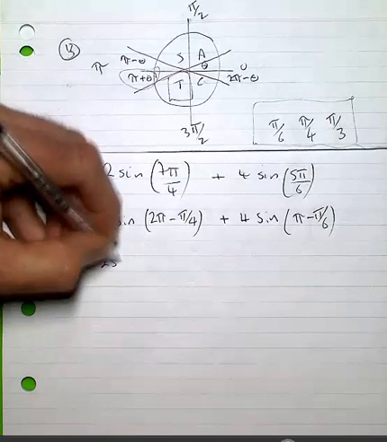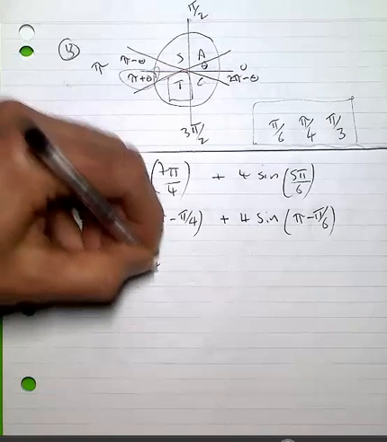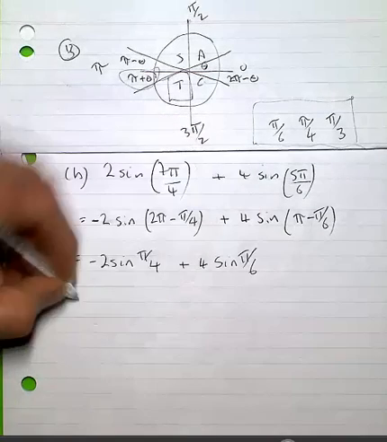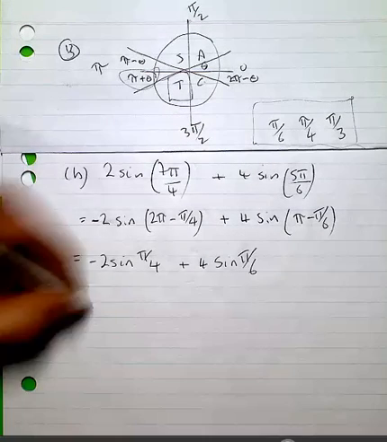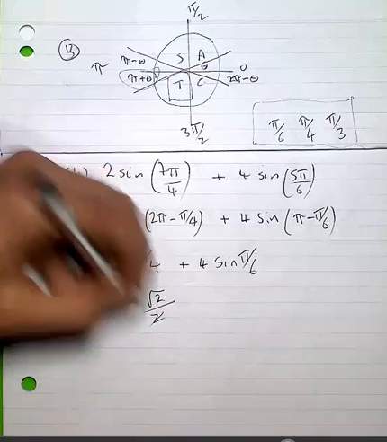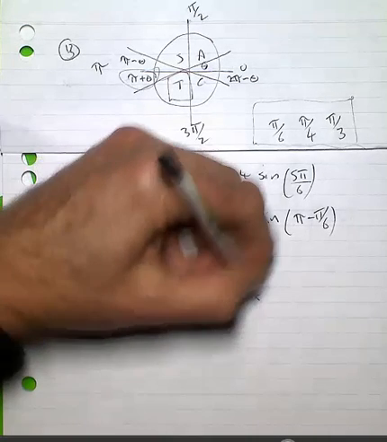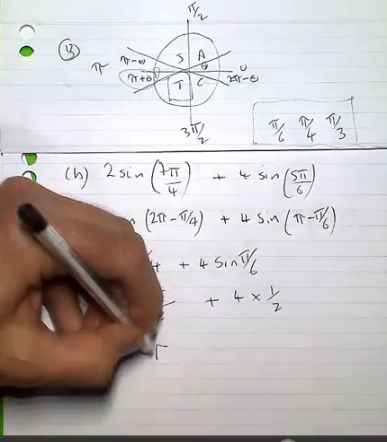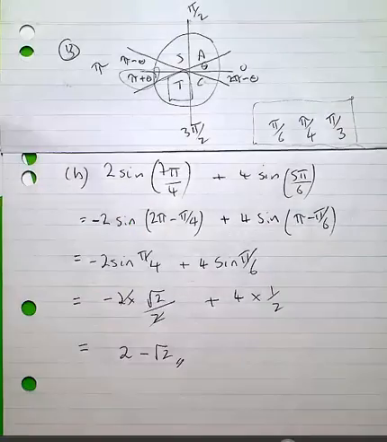So minus 2 sine pi on 4 plus 4 sine pi on 6. Now, that's negative 2 times root 2 over 2 plus 4 times a half, which will give me 2 minus root 2 as my answer.